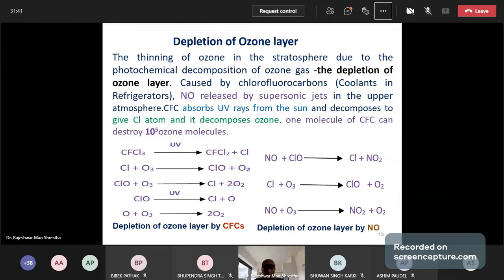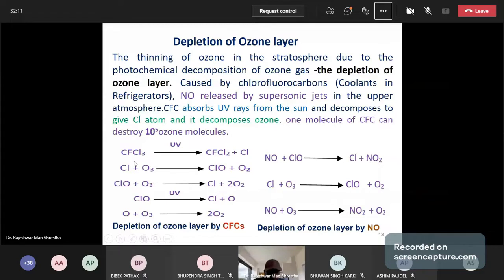In this way, CFCs absorb UV rays from the sun and decompose to give chlorine atoms. That chlorine will decompose ozone. One molecule of CFC can destroy 10 raised to the power of 5 ozone molecules.